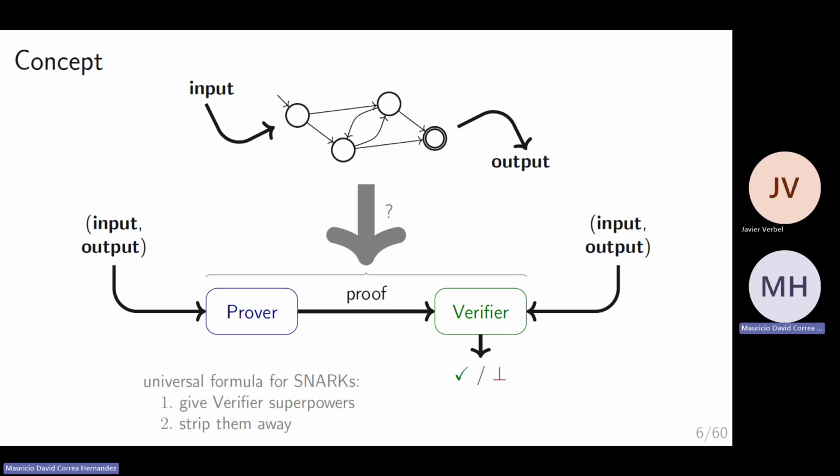I went for this diagram instead. But it's very close, and all the tools that I'm going to explain in the upcoming slides apply just as well, even if you restrict your family of computations to a simple automaton. You understand that? Yes. All right.